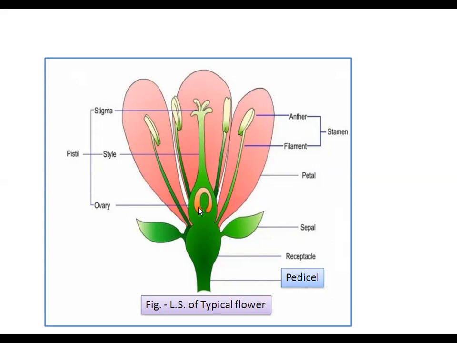Basically, in this topic we concentrate on the male and female reproductive whorls of the flower. Androecium or stamen is the male reproductive whorl, and the gynoecium, pistil, or carpel is the female reproductive whorl.